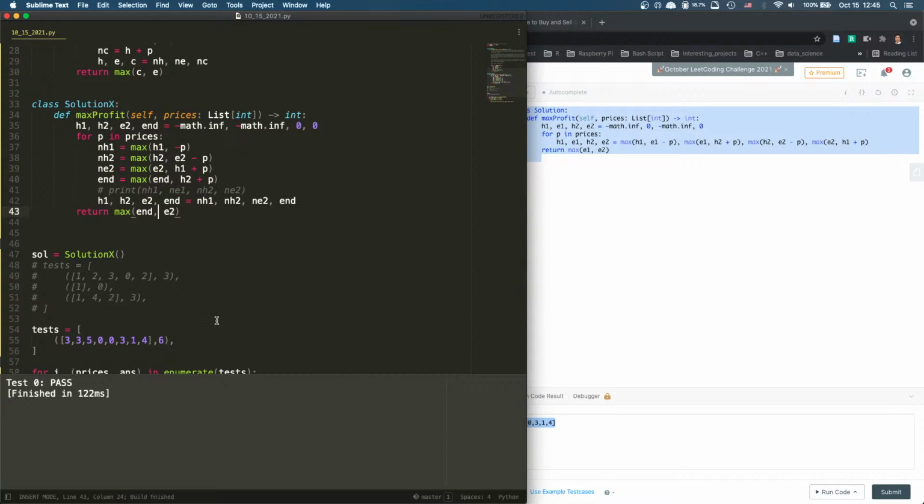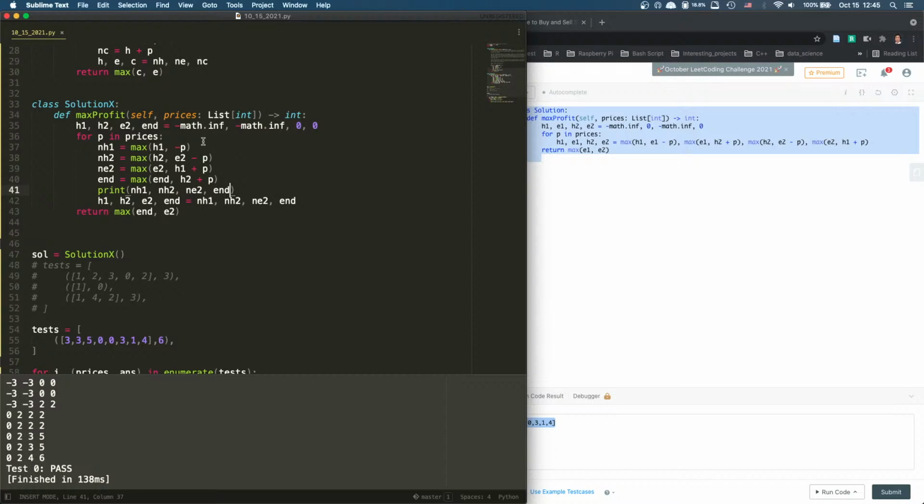There we go. This one passed. And if we print out everything, we don't have this, and we have end. Now I see the 6. Yeah, so we have an end state.